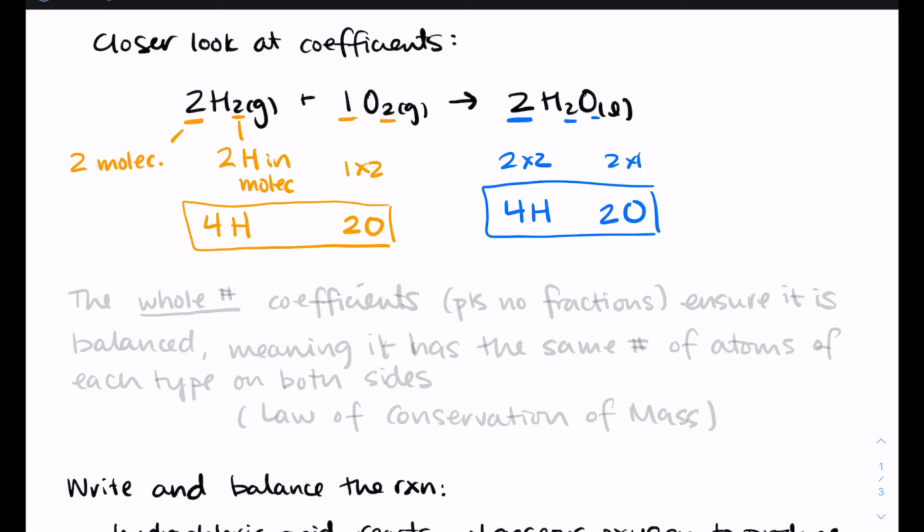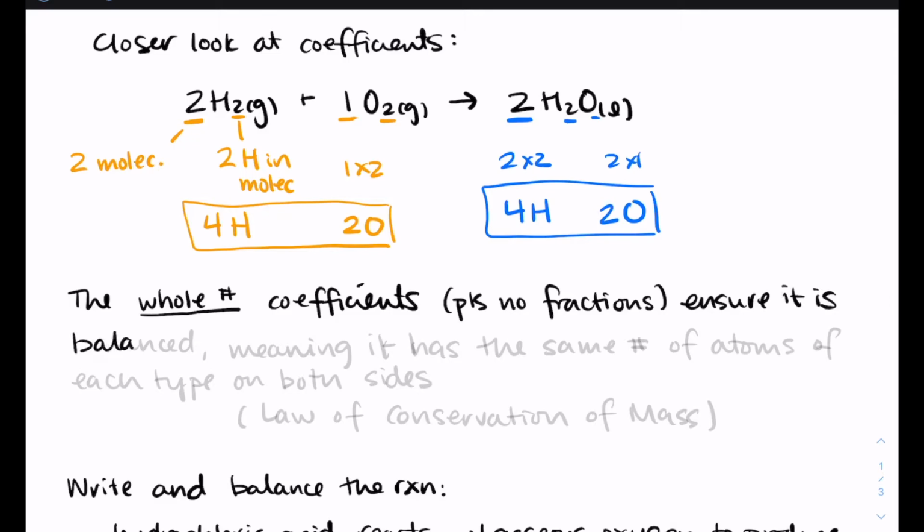So 2 molecules, each molecule has 2 hydrogens, so I have a total of 4 hydrogens. And each molecule has 1 oxygen, so I have a total of 2 oxygens. And they match. I have 4 hydrogens and 2 oxygens on each side of this equation. And that's what it means for a reaction to be balanced.